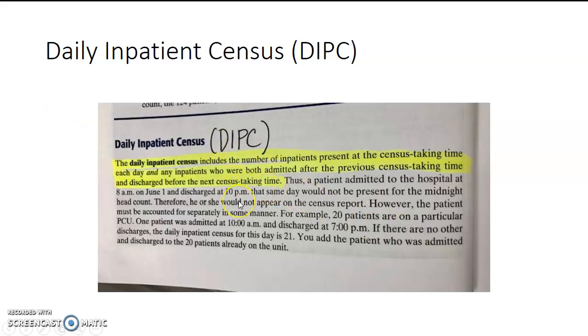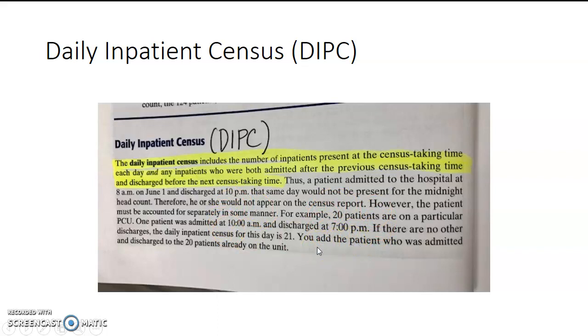What that means is you have these folks that came into your facility after the census taking time. So, let's say they were admitted at 1 in the morning, right? You've got an example here too. So, for example, 20 patients on a particular PCU. One was admitted at 10 a.m. and the other was discharged at 7. So, if you've set your facility census taking time as midnight, this person came in after midnight and left before midnight.